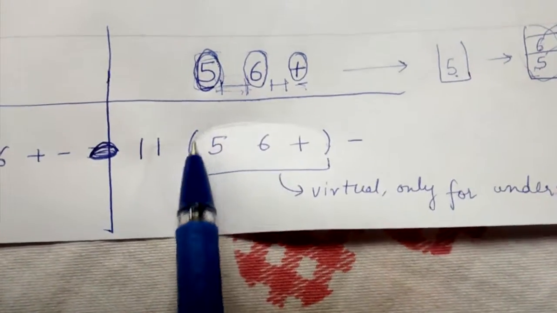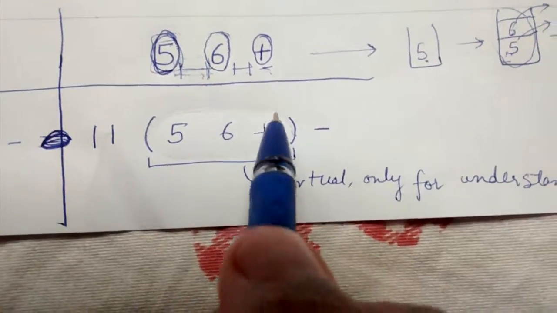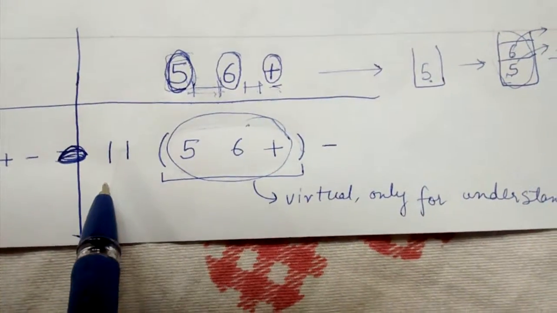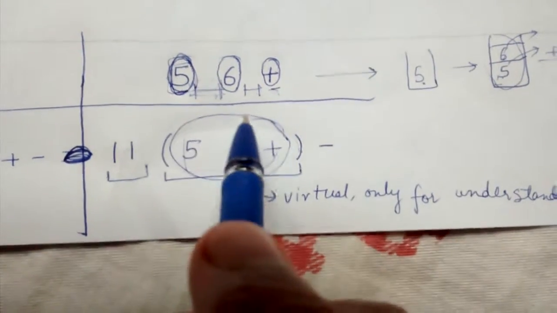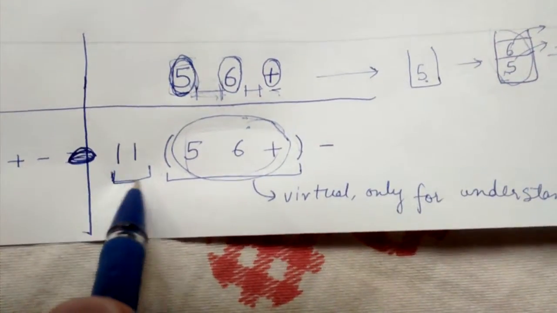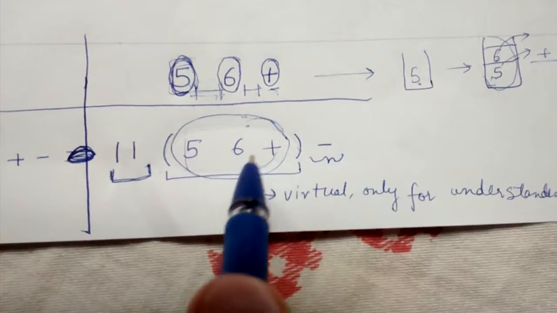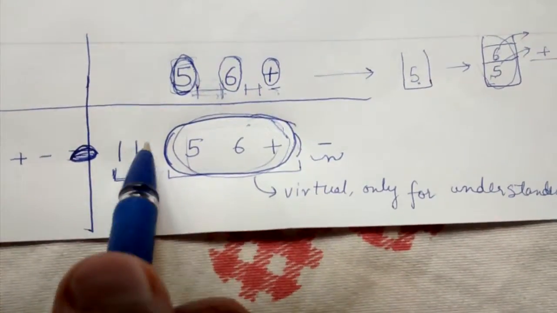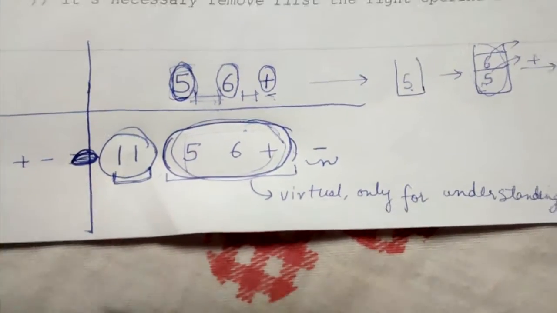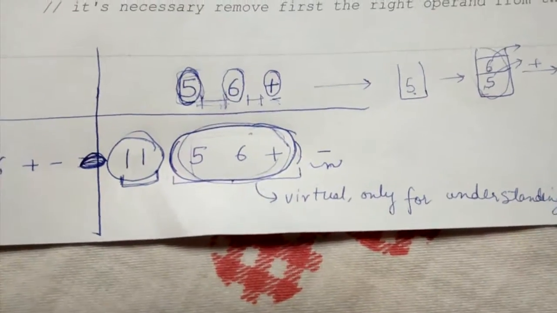One object will be created out of this, and then whatever object is created will be pushed again into the stack, and 11 is already pushed into the stack. So when we encounter this minus, the latest thing will be number 1, this is in the stack, and number 2, this is in the stack. So this minus will be applied on these whole objects.